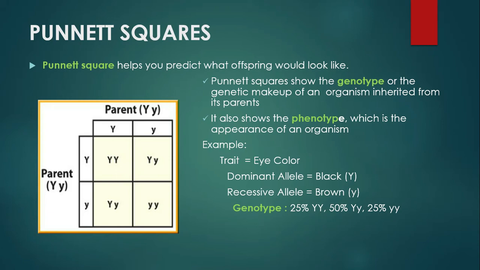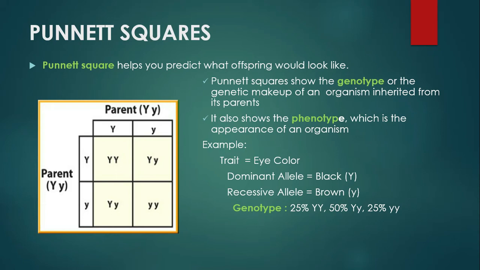And if you have noticed, two boxes have one capital letter and one small letter. That is the second and the third box. Okay, making it 50% of the overall percentage of the box. And the remaining 25% is expressed in small letter y, both letters written in small letter y, making it homozygous recessive.